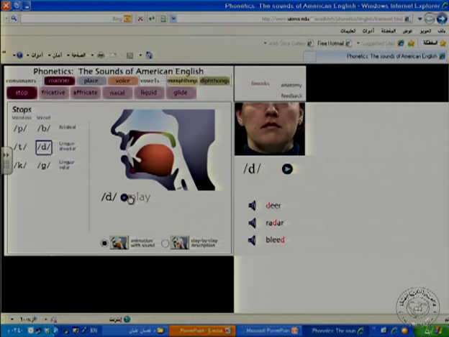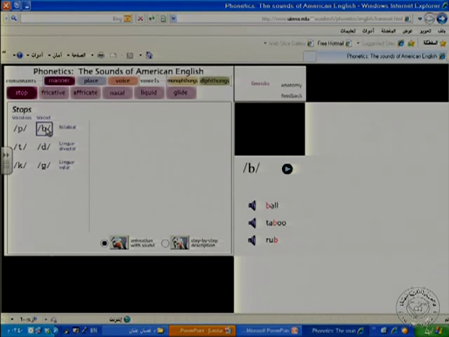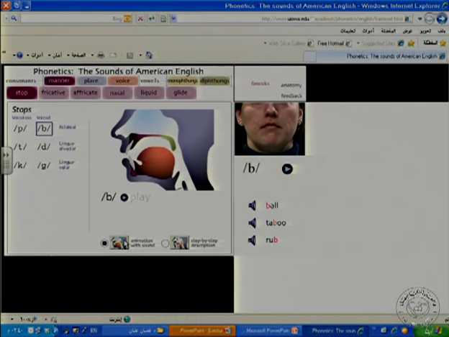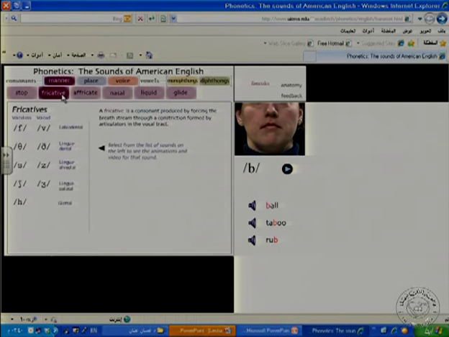The tongue touches the alveolar ridge, and the result is D. One more example for the bilabial. B. Yes, see, bilabial. Again, P and B, both are the same. See, B. Now, go to fricative.